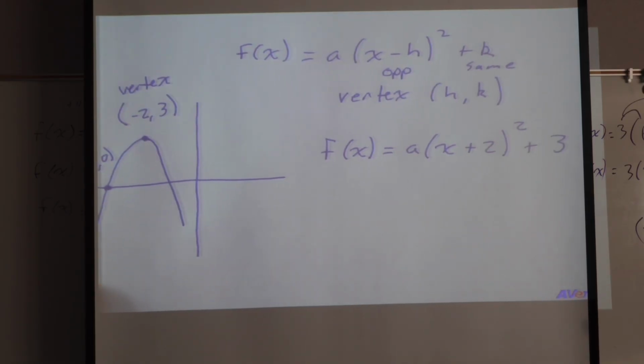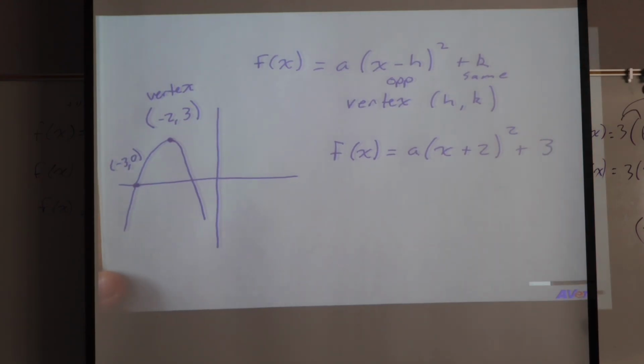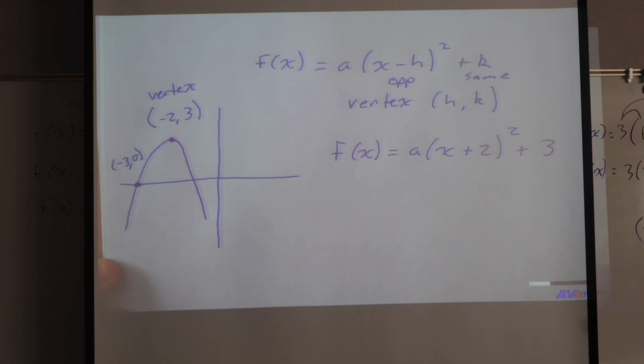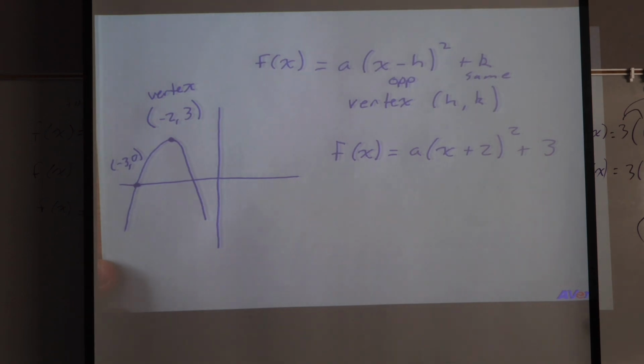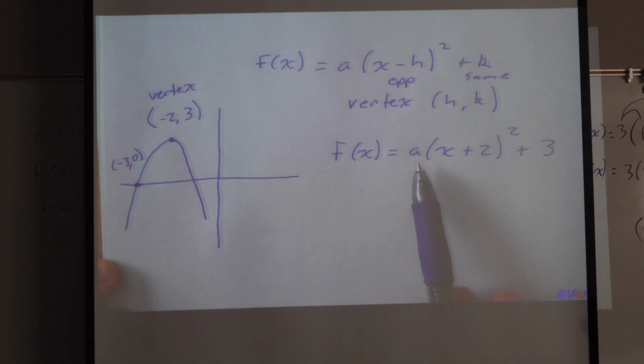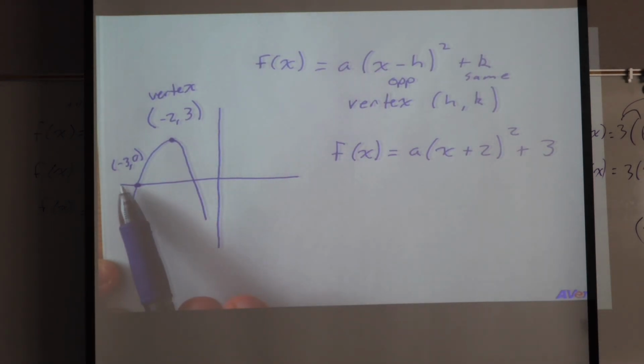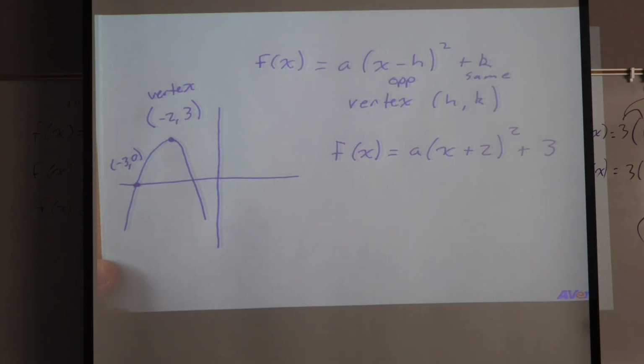Now this is the part that students normally need a little help with. They forget to put this a in here sometimes, and then they struggle to know what is the next step. Well, to be able to solve for this a, we're going to take another point on the graph, that (-3, 0), and plug it in correspondingly.